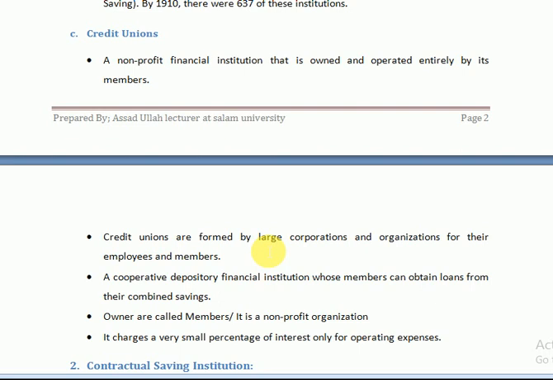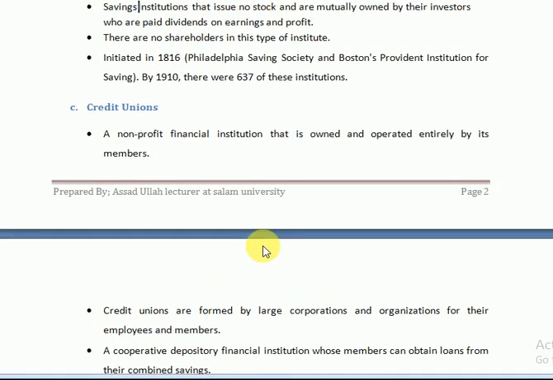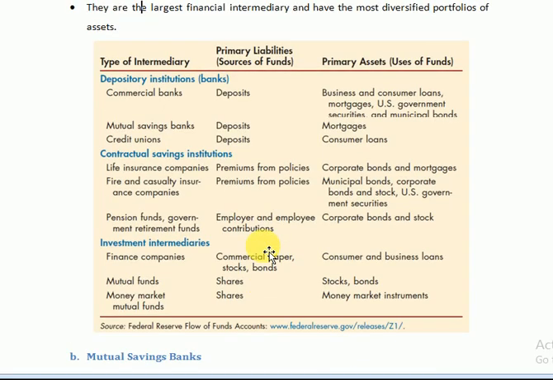So that's why these come in the category of depository institutions. Now you will understand better that those institutions which accept deposits and further channelize them, their main source of generating funds is accepting deposits.